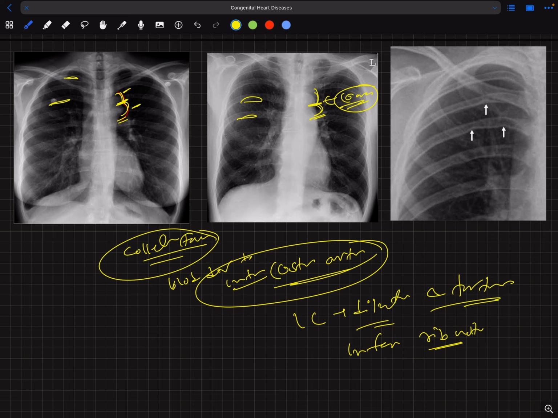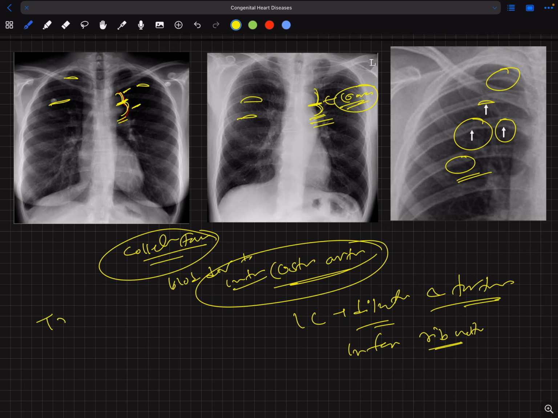So this is inferior rib notching due to formation of collaterals, or dilated, tortuous intercostal arteries. Here you can see classical inferior rib notching and the figure 3 sign. These are the X-ray findings in coarctation of aorta.